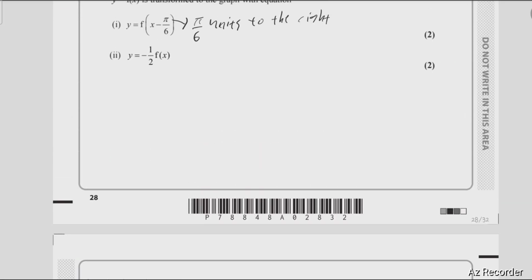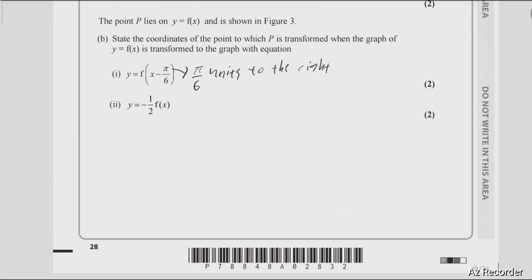Next question. y equals negative half f of x. Now that's just a change in the y-axis, and it's a reflection and a stretch by half.